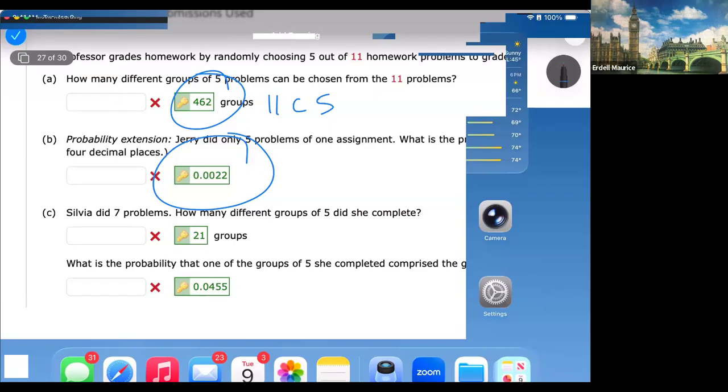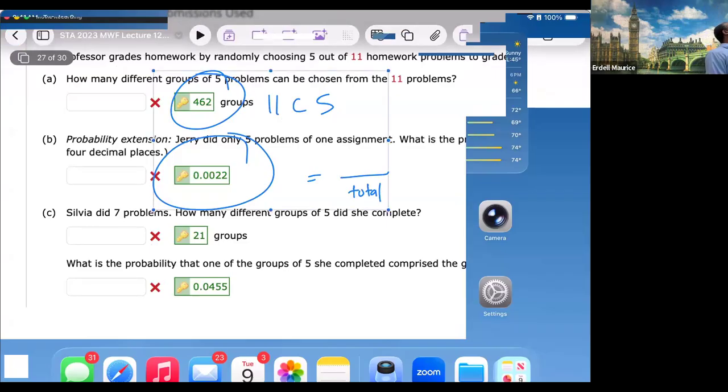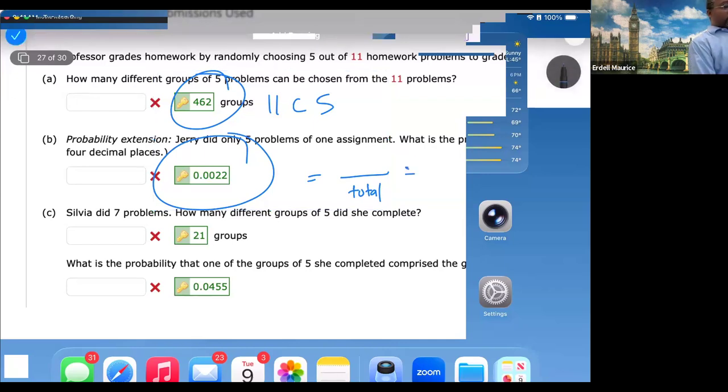All right. They're asking us to find a probability, correct? A probability is us dividing 2 numbers. What's the total number of different ways he can get a group of 5 assignments? What's the total number? The total number is 462, right?